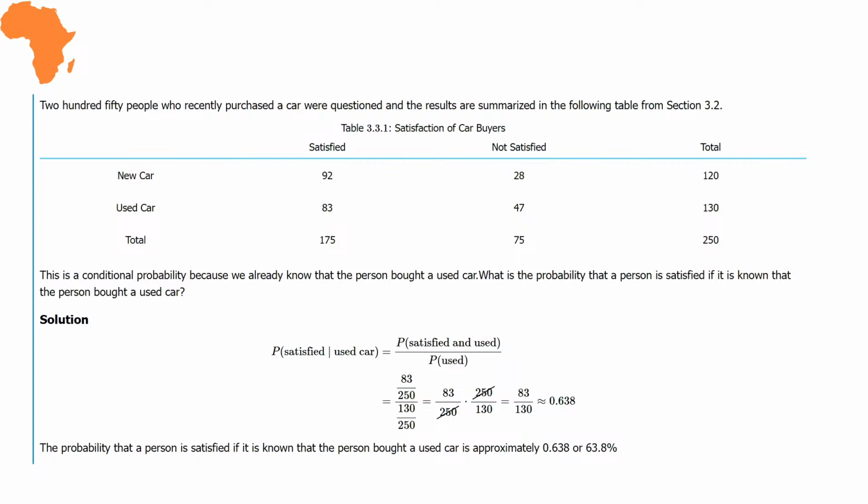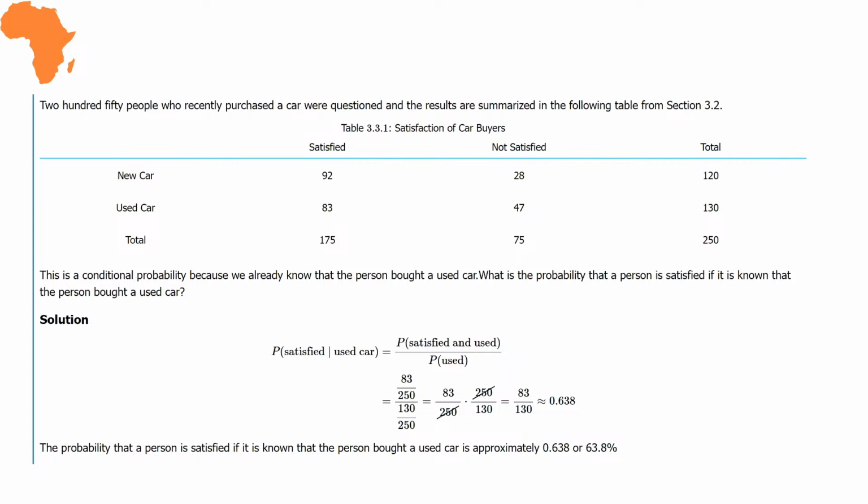Notation, C over C plus D. Please follow up here, because it is confusing. Please follow. We are doing probability given. It is satisfied and used. So, what does this give us? The same as our disease.